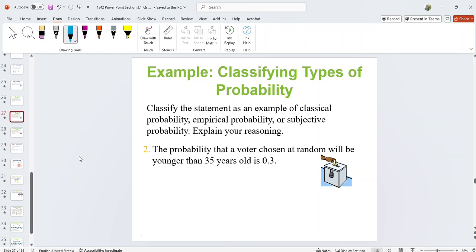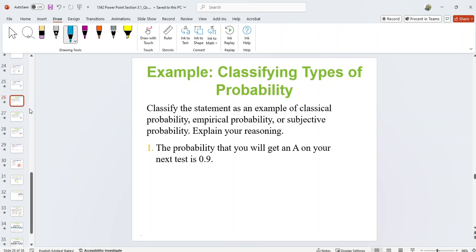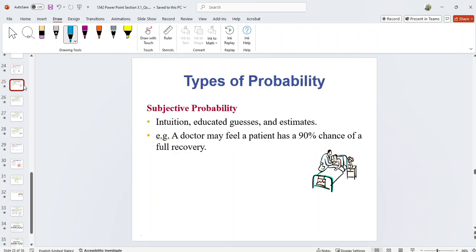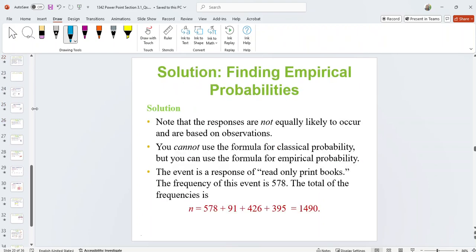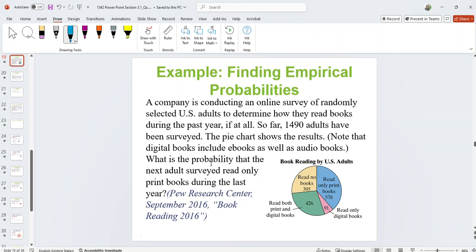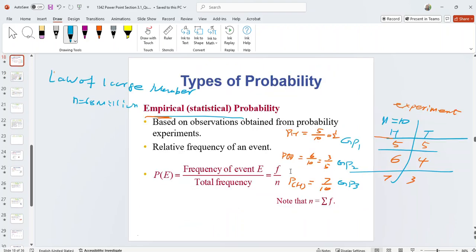All right, so this one, I also say they probably have previous data. All right, just like the one we have in here. Let me show you this one. This one will be similar to this one right here, right? So they usually have a little bit of data to indicate the age, right?